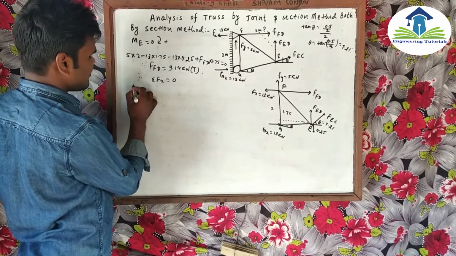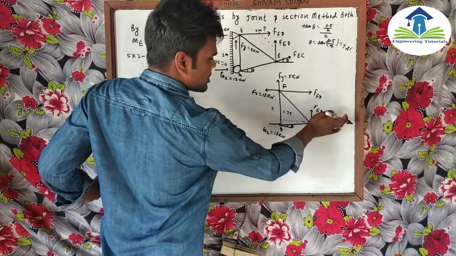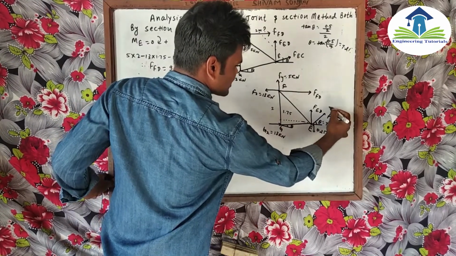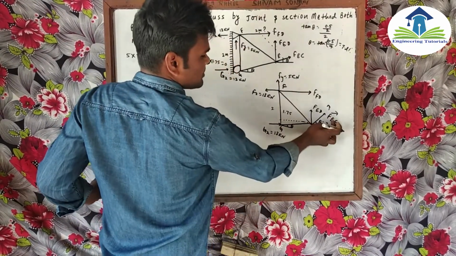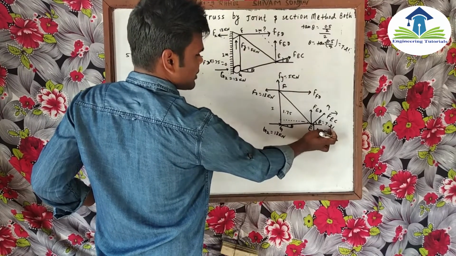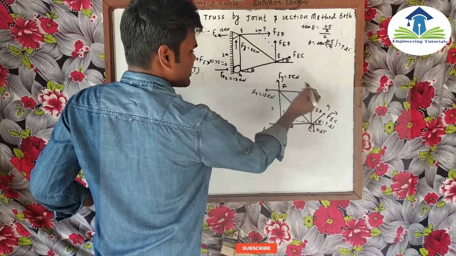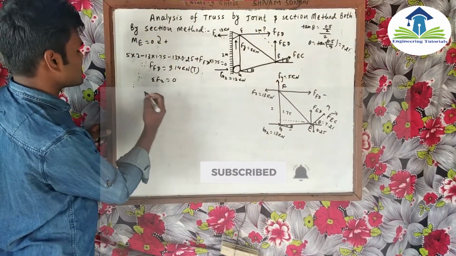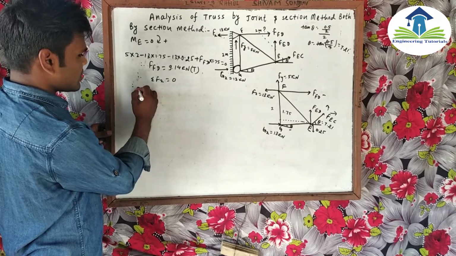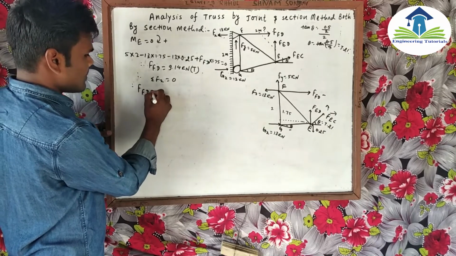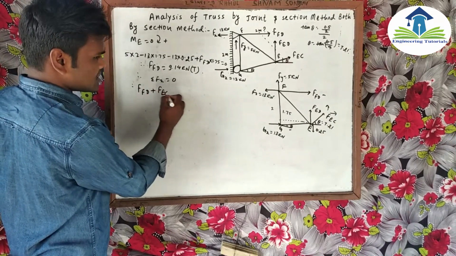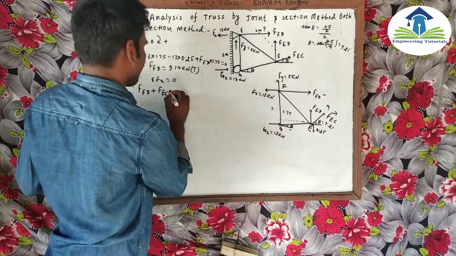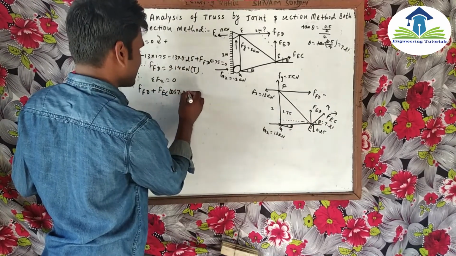Then the total horizontal force: this force can be divided into two parts like this. So FEC cos 7.21 degrees, and this force gives only horizontal force. So I am going to write FFD plus FEC cos 7.21.